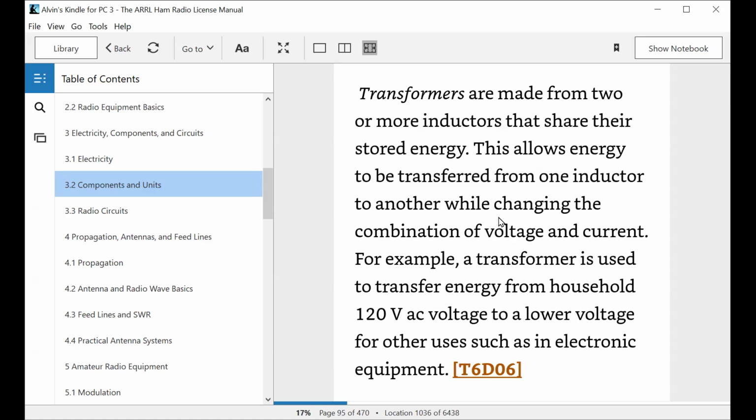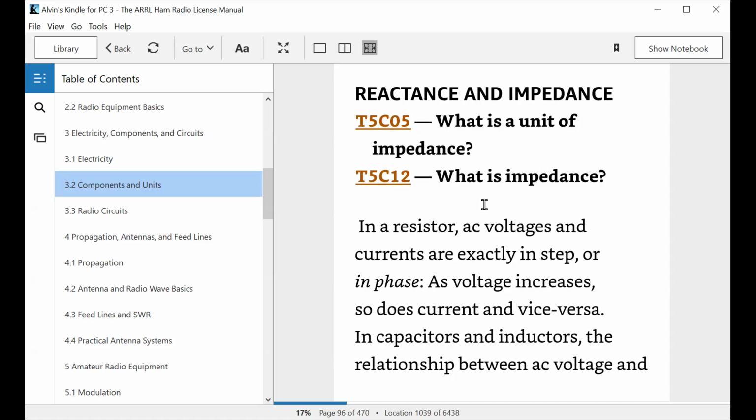Okay, we talked about transformers just now, transferring energy from one place to the other. All right, now, if we're going to talk about radio frequency, audio frequencies, things of that sort, the inductors and capacitors are also going to be showing some kind of resistance to the flow of some of the current.